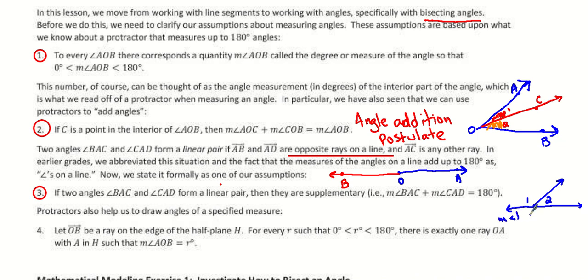So the measure of angle 1 plus the measure of angle 2 is equal to 180 degrees. This is a linear pair.